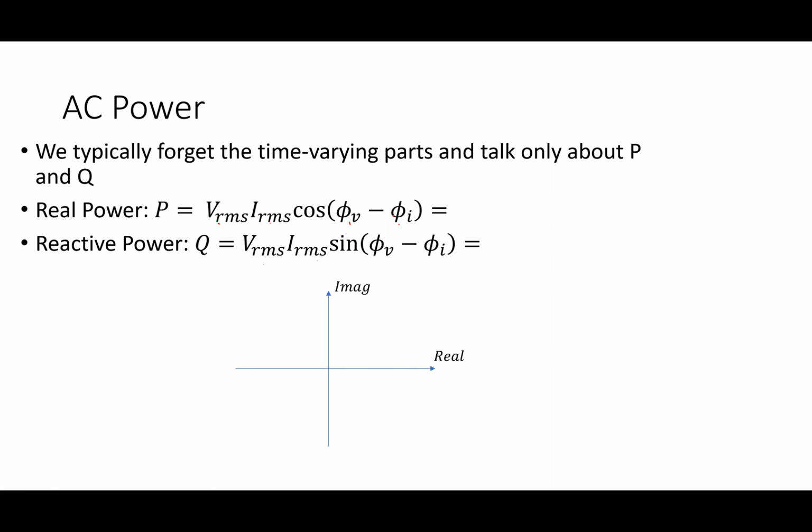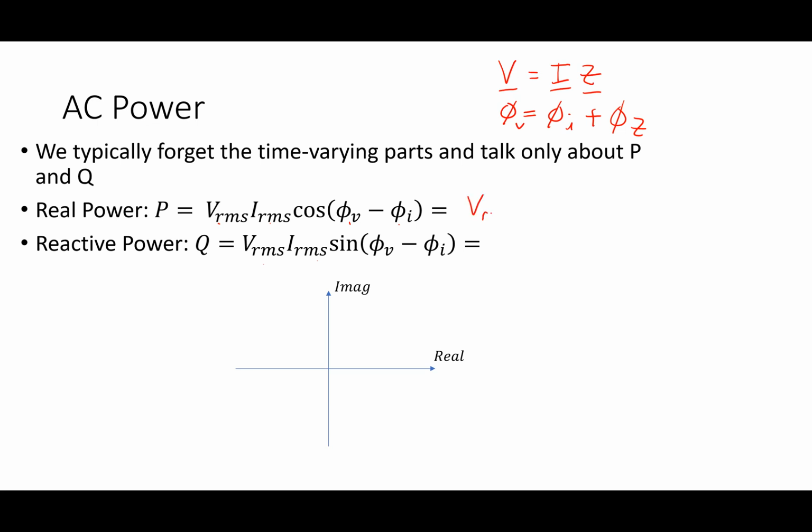What's the angle of the voltage minus the angle of the current? Voltage and current are always related to each other. How? V equals what? I times Z. So if I go through this, phi V equals phi I plus phi Z. So what is phi Z? It's the angle of the voltage minus the angle of the current.